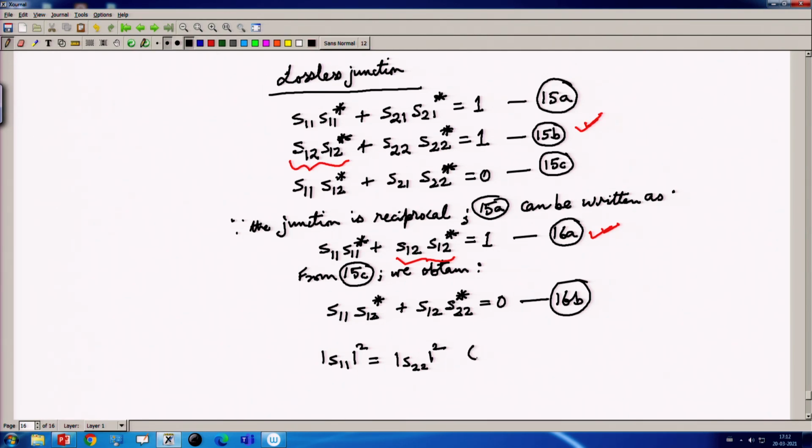So, that is from 16A and 15B. And therefore, that implies mod S11 equal to mod S22.